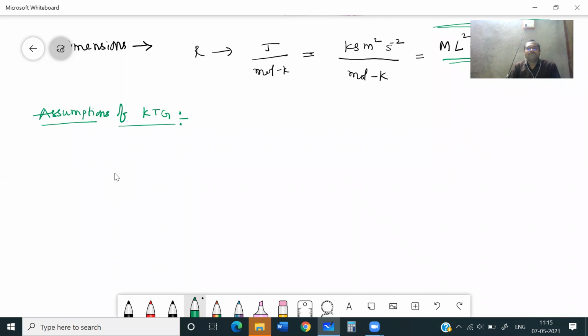Those points are called assumptions of kinetic theory of gases. First point is: all gases consist of molecules. Simple point.